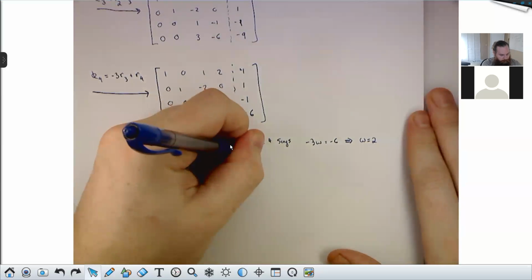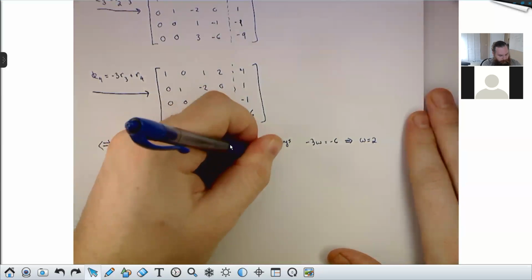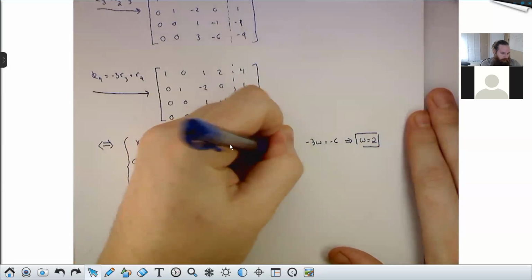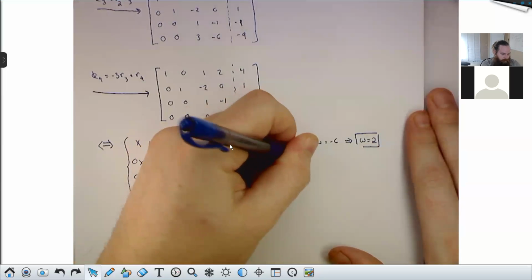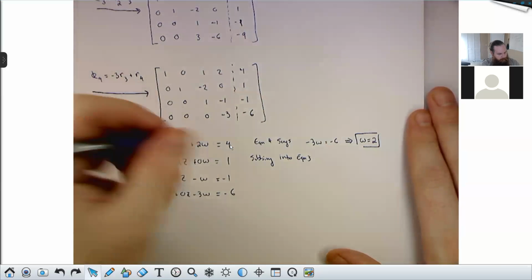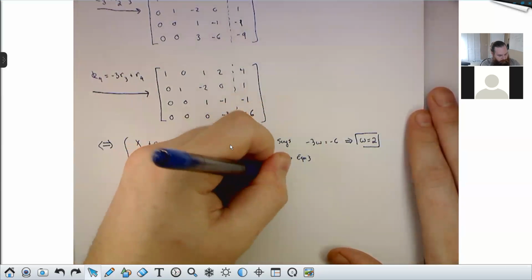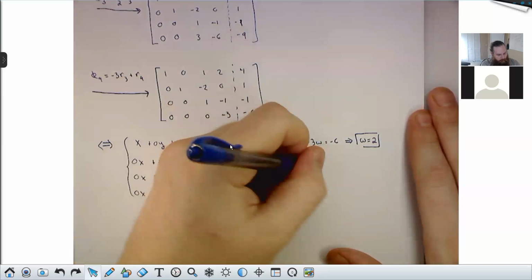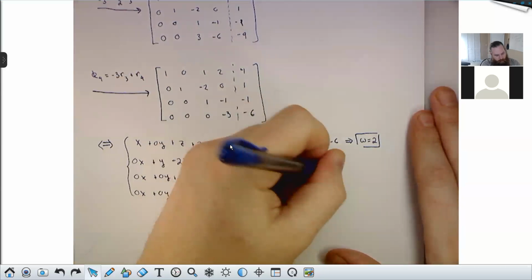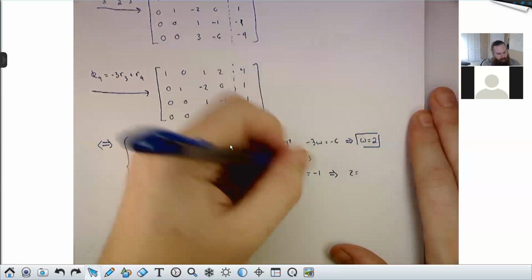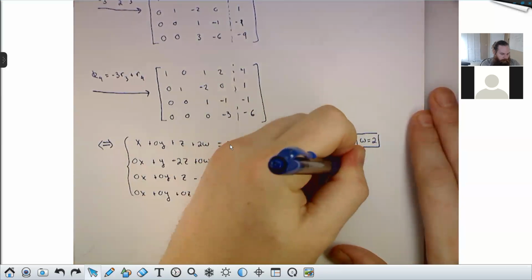Subbing in equation 3, so w is 2, we get z minus w equals -1. So z minus 2 equals -1, which means z has to be -1 plus 2, which is +1.